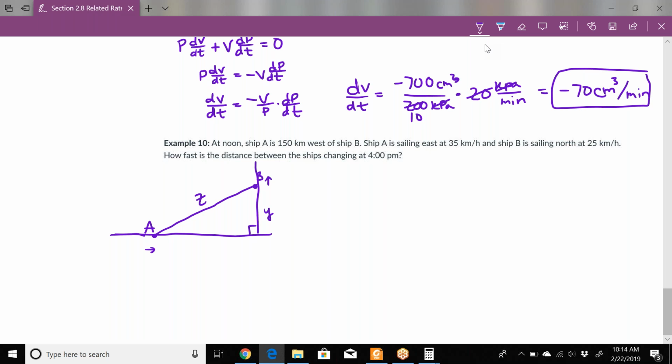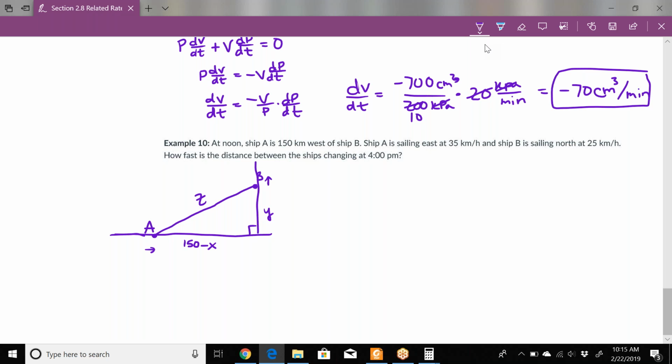We have to be a little bit more careful with the A, because this is a change in how we perceive this, because as A is moving, this 150 is changing. Like when we were at noon, it was 150 between these two. But because this is 4 hours later, we don't know how far A has actually traveled.